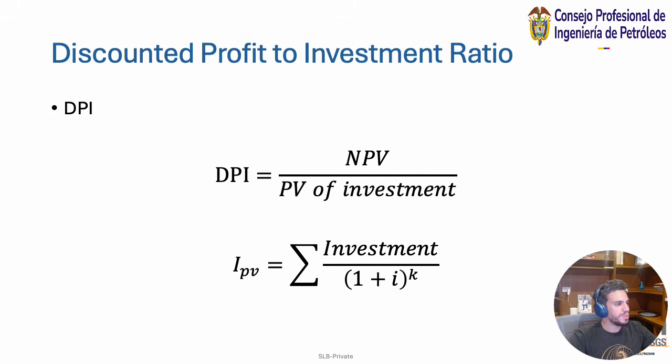The discounted profit to investment ratio, also known as DPI, is a ratio of NPV to the PV of investment. The PV of investment is also denoted as IPV, which is basically the sum of all the investments over (1 + i) raised to the K, same terminology as before.